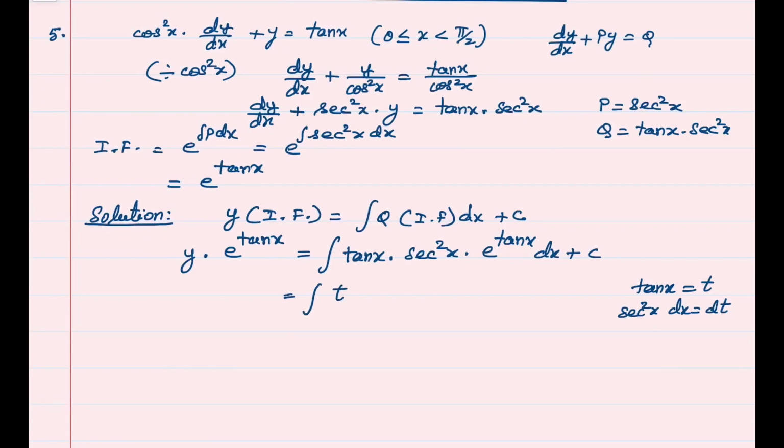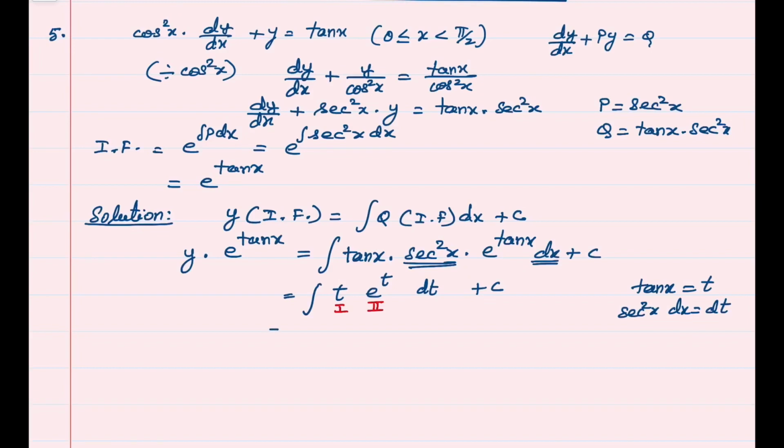tan x is t, secant square x dx becomes dt, and we have e power tan x, which is e power t. Now we will do this by using integration by parts. First function, second function.